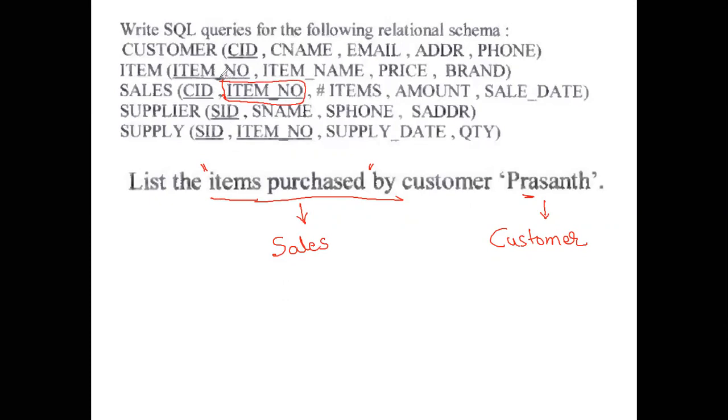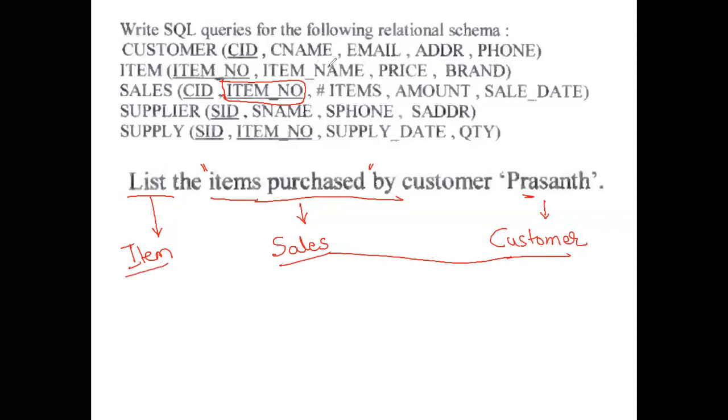So what we can do is additionally link the item table while listing, so that we will be able to get the name of the item. Otherwise, if we just need the item number, then these two tables, sales and customer, are sufficient. If we want a name, then we need to include the item table.